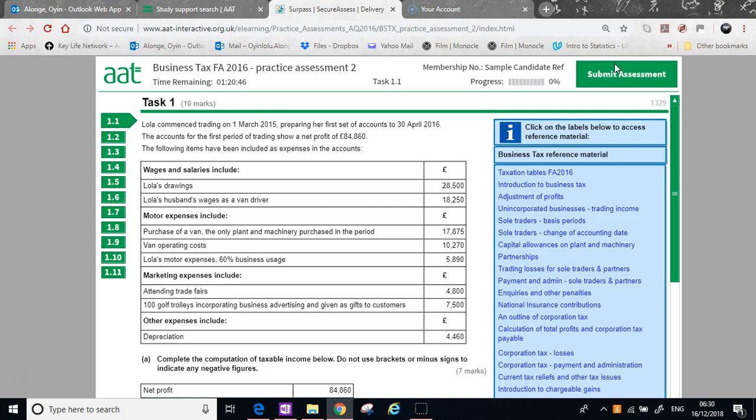We cannot, because that's profit. She cannot deduct drawings from profit. Her husband's wages as a van driver are allowed, and they look reasonable, so we will allow that. So the 28,500 is not allowed.